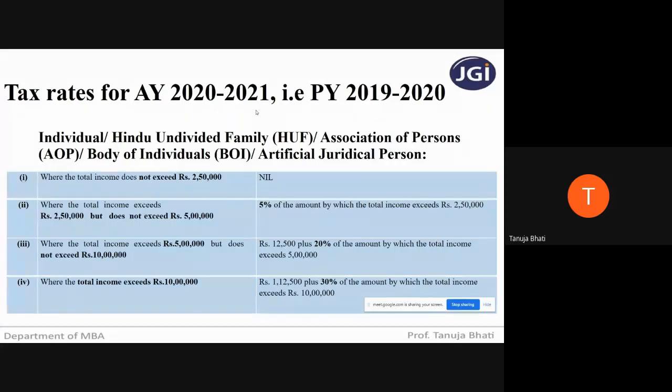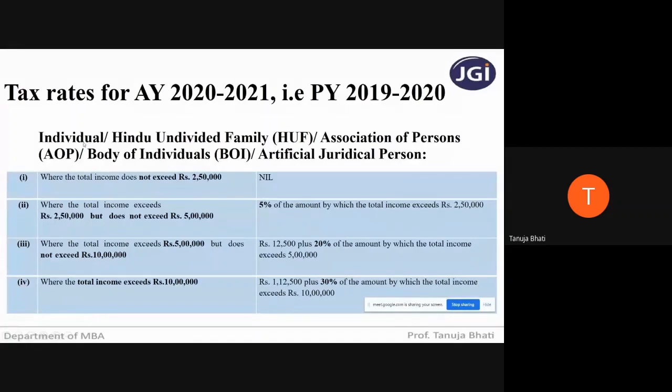Because by the end of your syllabus, you all will be having problems on determining the tax payable by an SSE. So in order to know what tax has to be paid, you should know the rates, and that is why we are going through this. So let us begin.